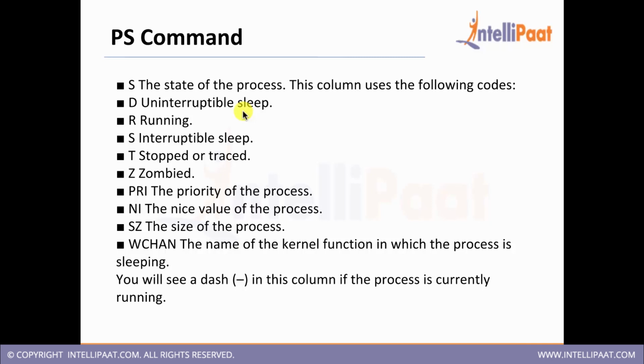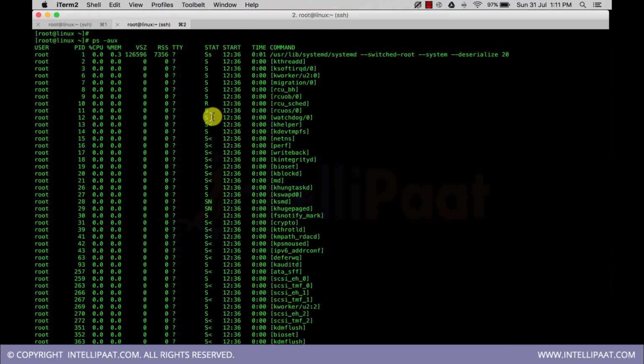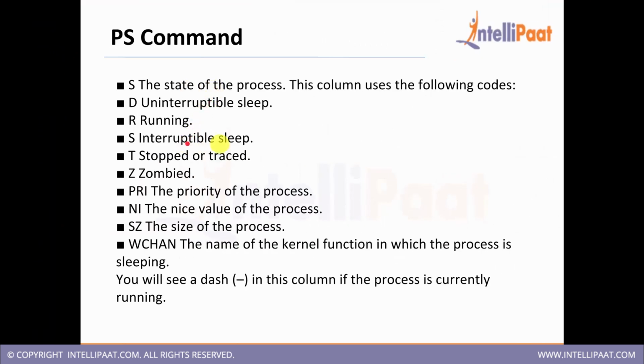S shows the process is sleeping, currently not executing anything on the CPU. So most of the processes are sleeping here. This one is running, so it's showing R. These processes are sleeping because they are in an interruptible sleep. That means the process has gone into the background, sleeping right now, not doing any execution on the CPU. Once it gets some signal, then it would get back into action and its state would change to R.